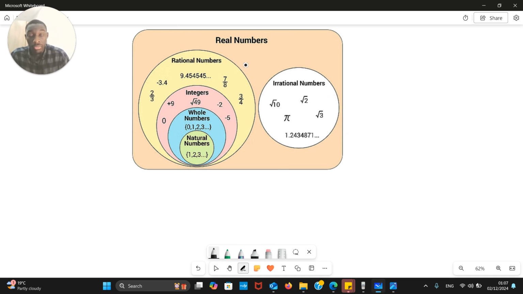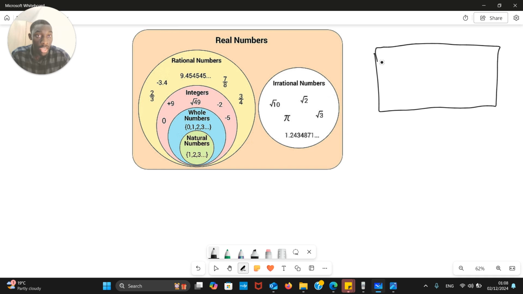So to know the different types of numbers, we want to start off by understanding this diagram, because this diagram is going to classify any type of number into their circles. Now, if we look at this diagram, it looks like a Venn diagram. And a Venn diagram is when you have circles inside, and they could either be overlapping or they don't overlap.